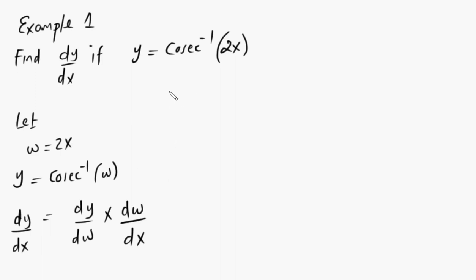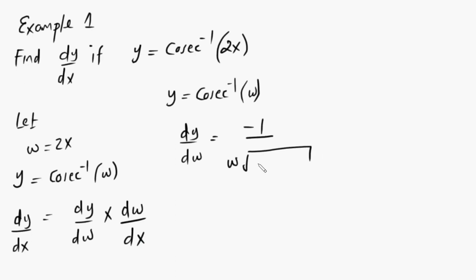So from this one, y equals cosec inverse of w. My dy dw, having derived just now, so here instead of x we have w, it's just going to be negative 1 over w times the square root of w squared minus 1. While from this one, w equals 2x, my dw dx is just going to be equal to 2.